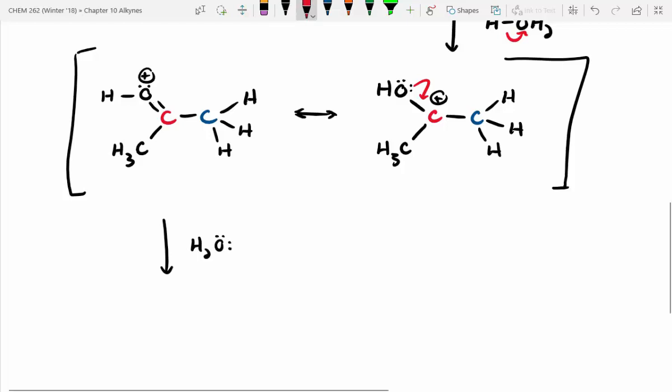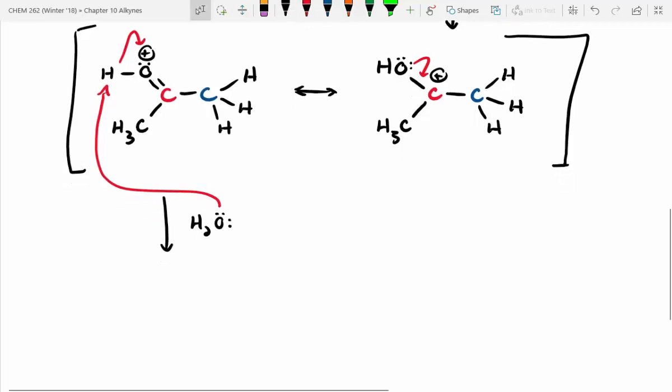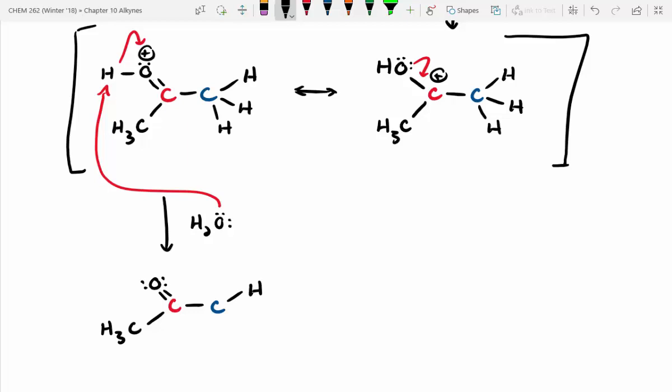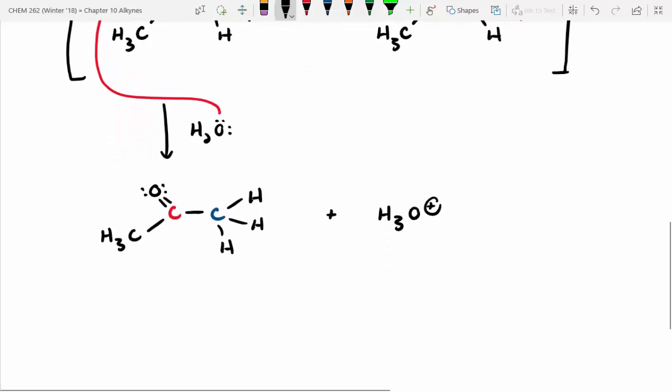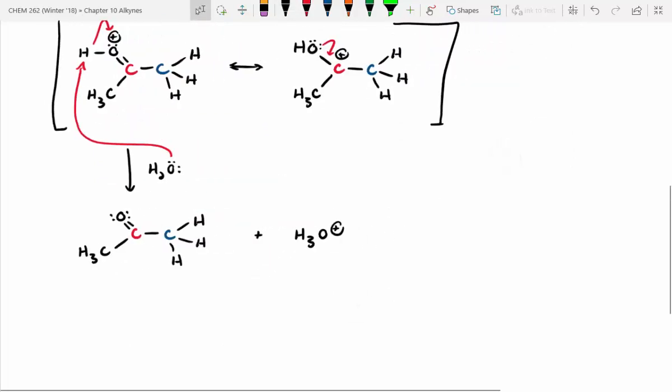So the water can just reach up, grab this proton off of this oxygen, kick electrons over to that oxygen to make it happier. Still have this red carbon, blue carbon, double bonded to oxygen. Blue carbon still has its 3 protons off of it. And we end up regenerating our acid. All right, so looking at this, I'll zoom out a little.